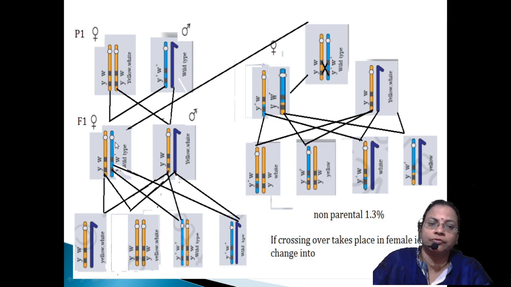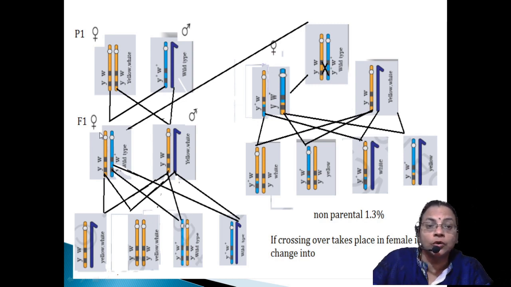No crossing over. If no crossing over, these four combinations can arise, which is exactly the parent combination. You see yellow white, then again yellow white. Then these two are wild type, which is also present in the wild type.